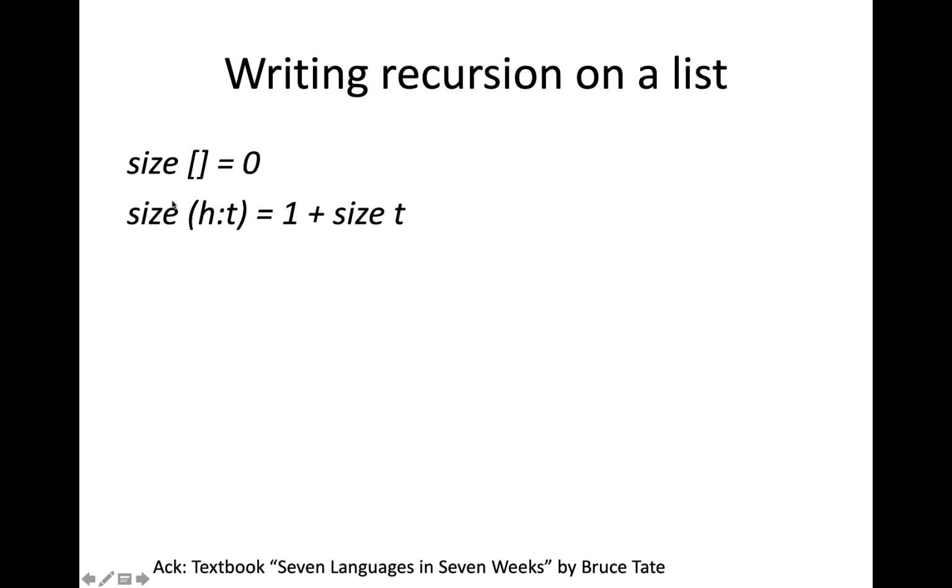Say we want to know the size of a list. This can be the implementation of the size function. There are two cases. If the list is empty, then size is 0. Otherwise, if the list is not empty, that means we'll be able to deconstruct it in head and tail.